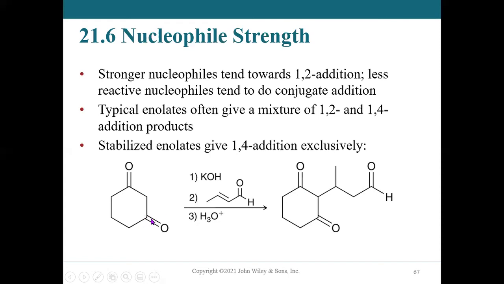So here is one example of 1,4 addition, and we have this. So this is the diketone and this is the alpha beta unsaturated carbonyl, and we will have this 1,4 addition. So this alpha carbon here will act as a nucleophile, attack this carbon here, and produce this product.